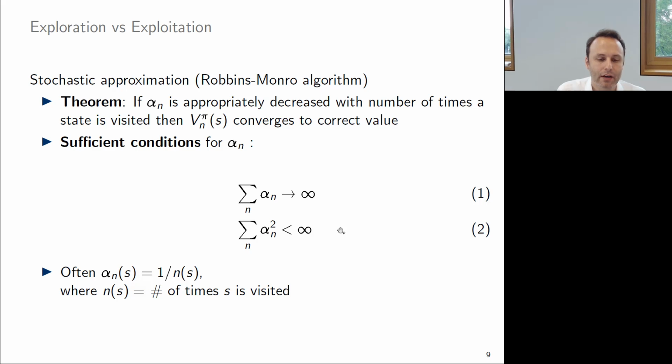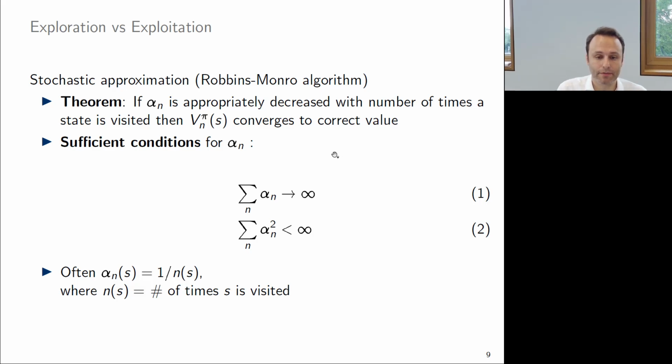And so this is gonna converge to a true value under the condition that the learning rate alpha does decrease, but it does not decrease too fast or too slow. So here the sum of all the learning rates in each step should go to infinity, so we should never stop learning.